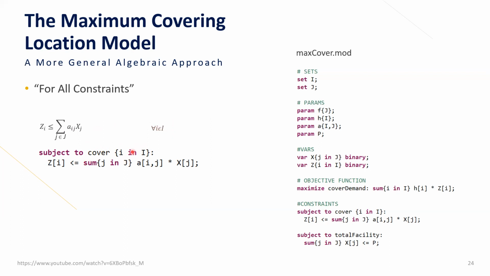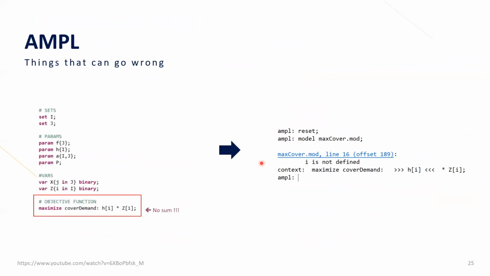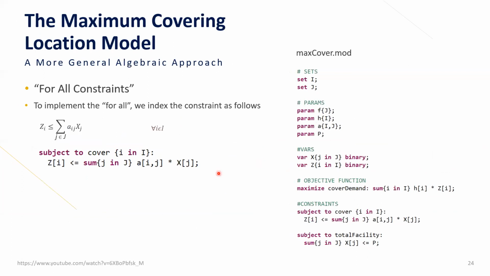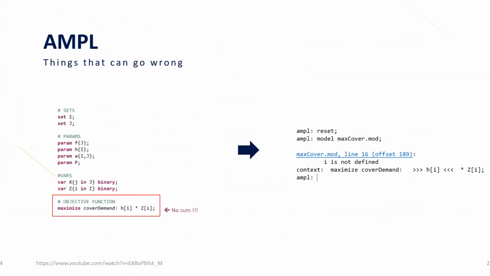For all I in I. If you have two, I in I comma J in J, here before the colon. So for all constraint, you need to write it this way. That's one explanation. And then another thing, yeah, the summation is already being explained. For all already being explained, the binary is also, so it's all good. And we already tried as well.